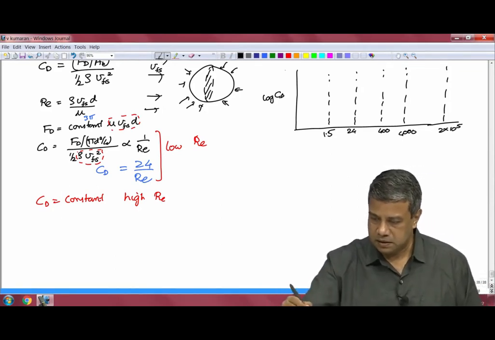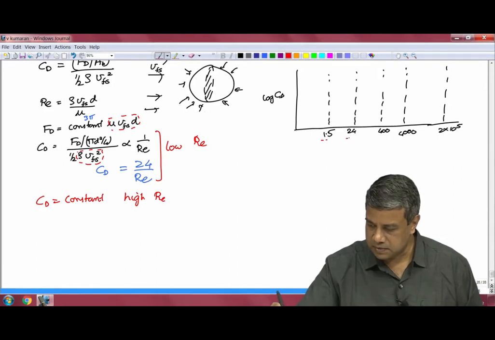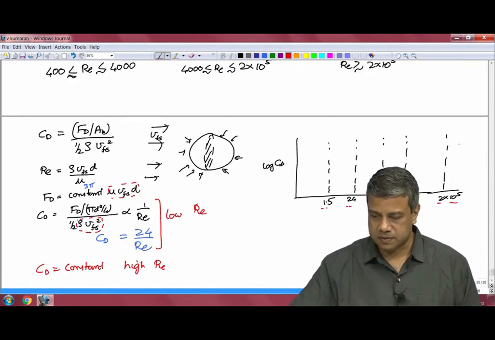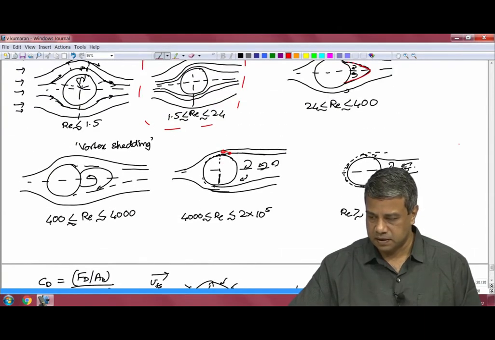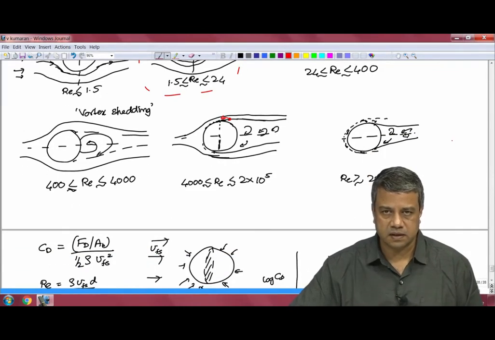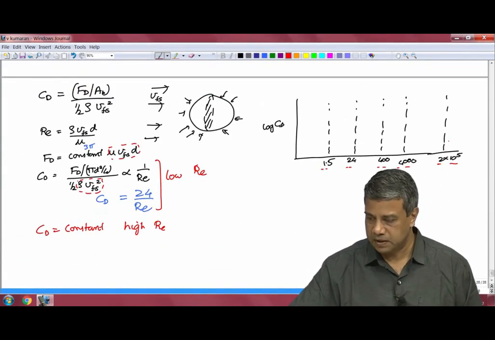These different ranges correspond to the different kinds of flow characteristics that are observed in this figure here. So, those are the ranges I am plotting.